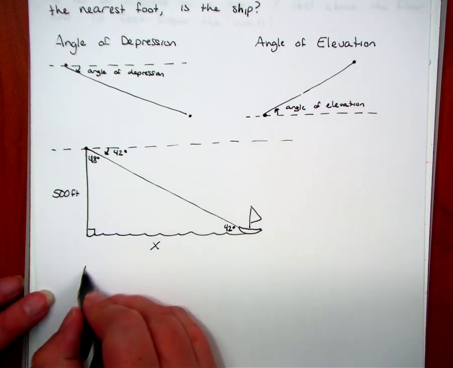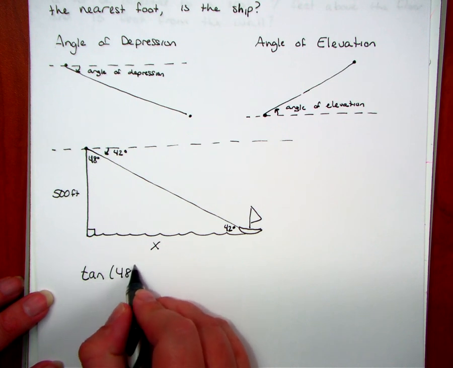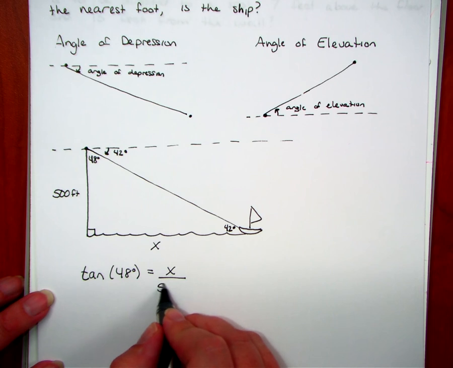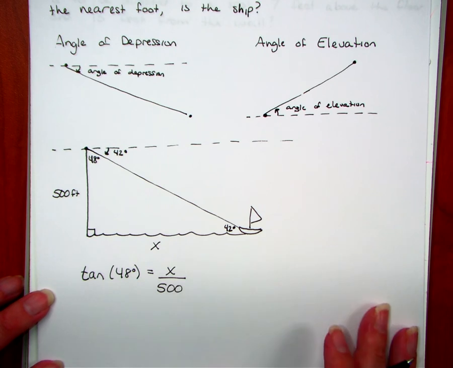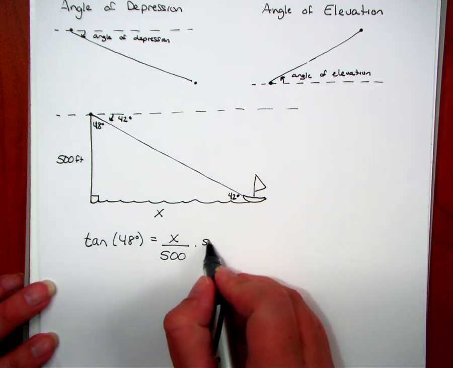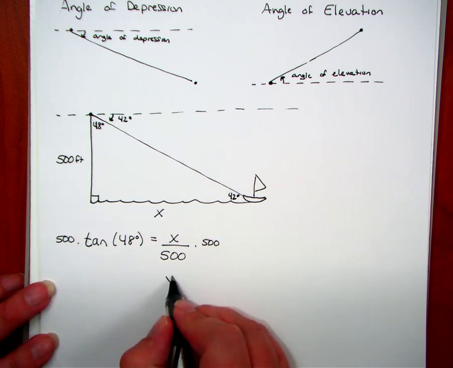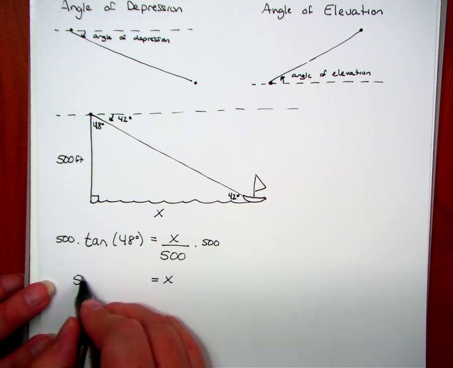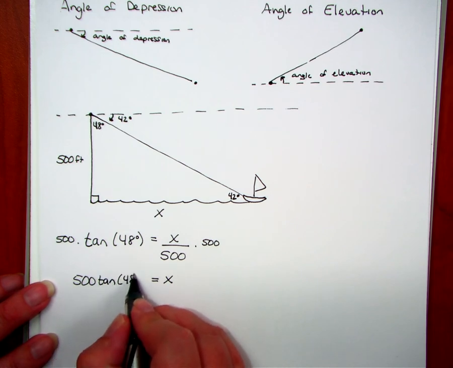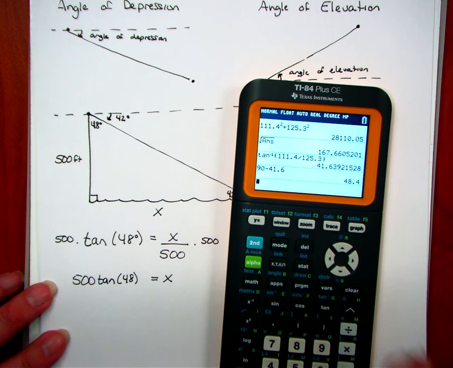So I have tangent of 48 degrees is equal to the opposite side over the adjacent side. So if I solve this for x, I just need to multiply both sides by 500. And if I plug this expression into the calculator, I have my solution.